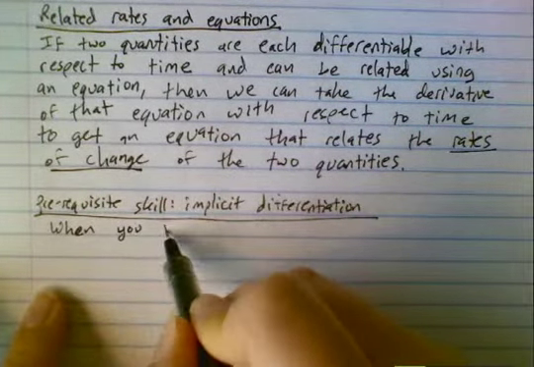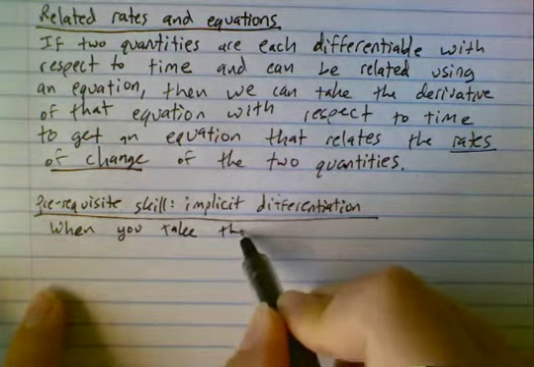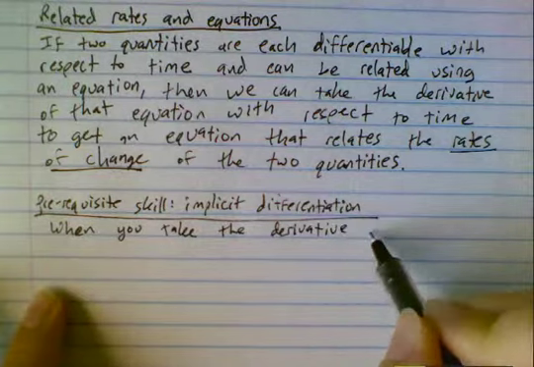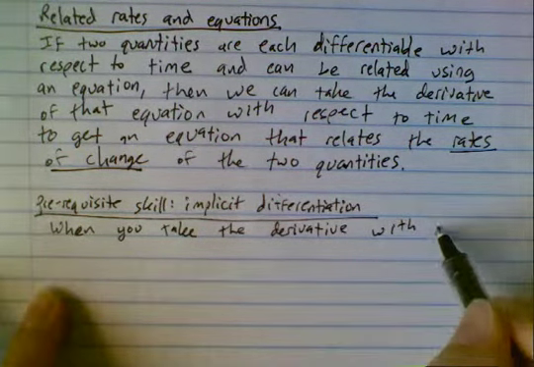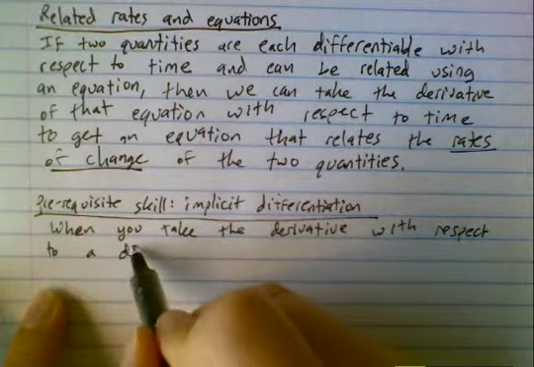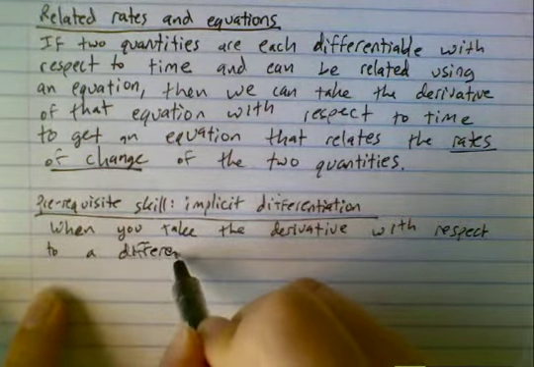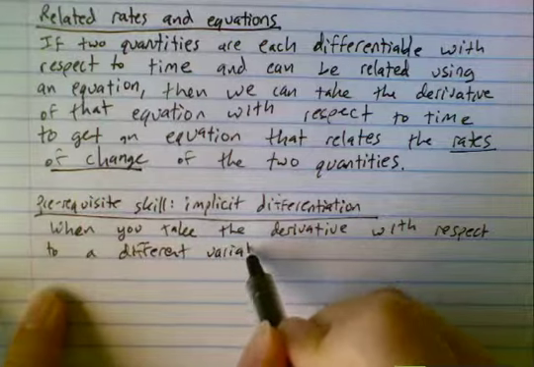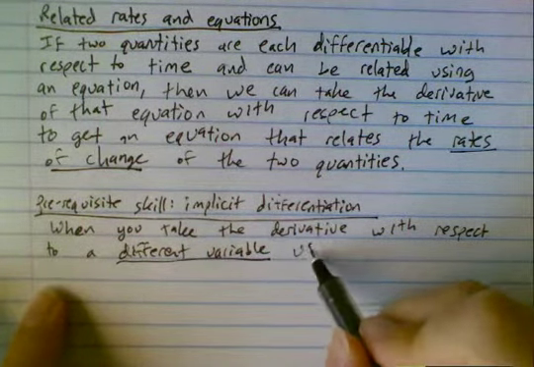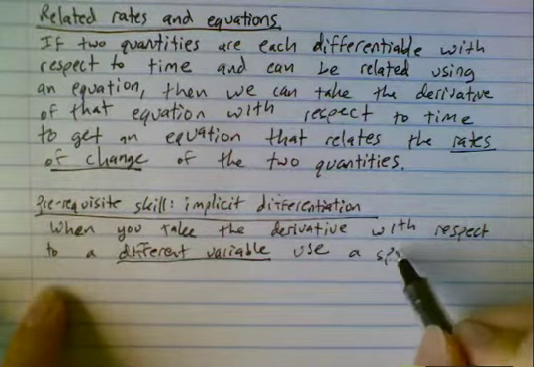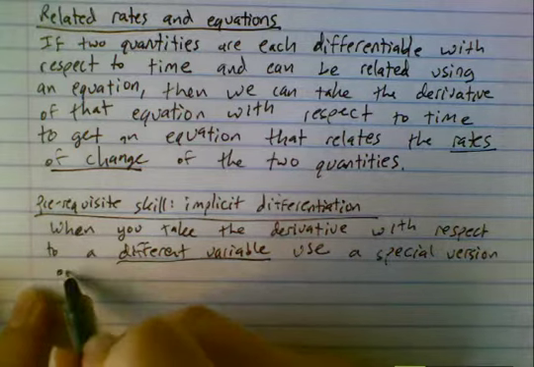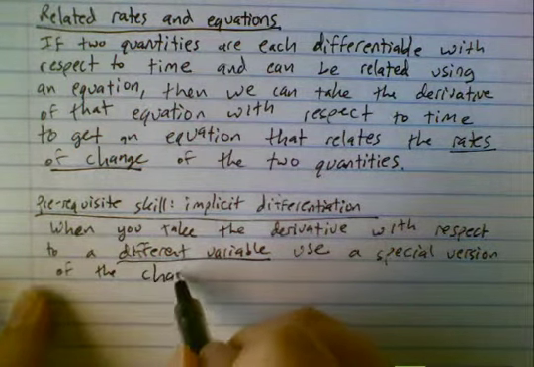When you take the derivative with respect to a different variable, use a special version of the chain rule.